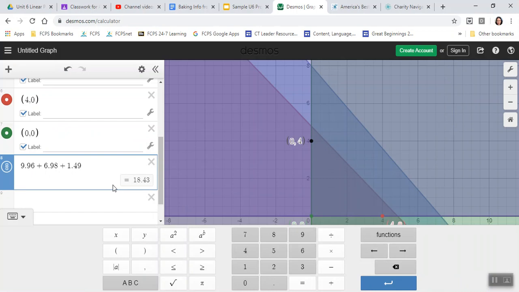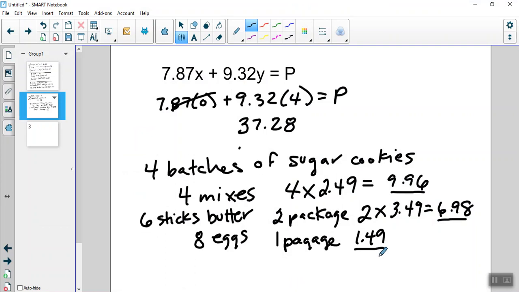So it's going to really cost me $18.43 to make 4 batches of sugar cookies. So let me put that back in my project, $18.43.